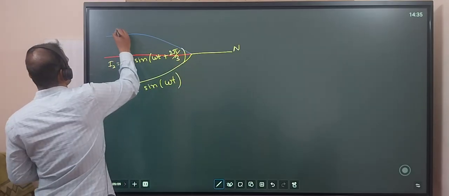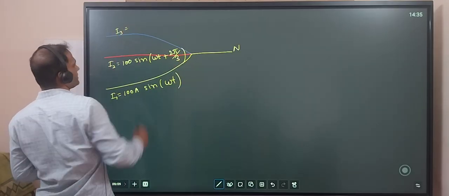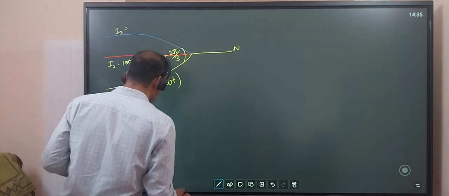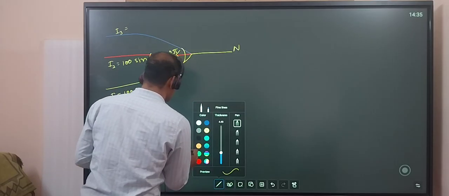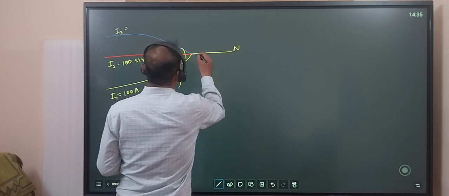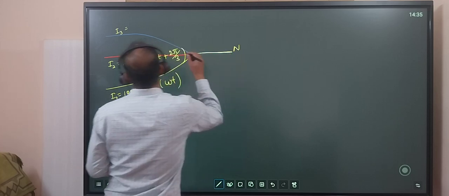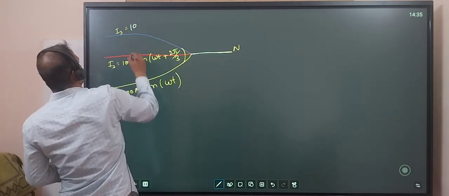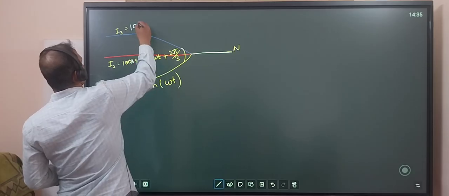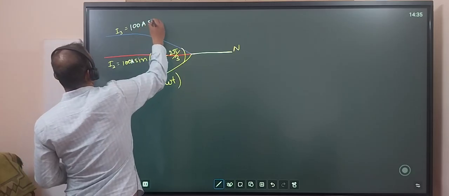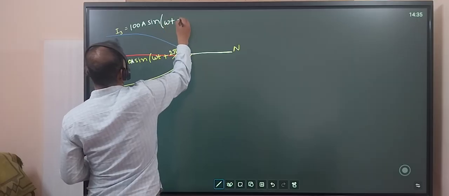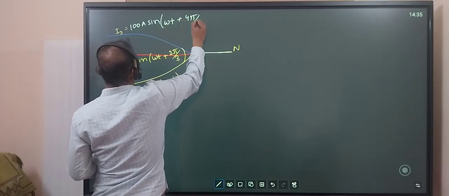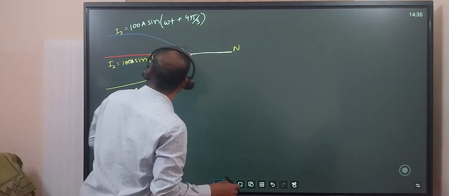And the third one, the neutral one I will show in white color, is ahead by 2 pi by 3 again. So 2 pi by 3 plus 2 pi by 3 is 4 pi by 3, right?